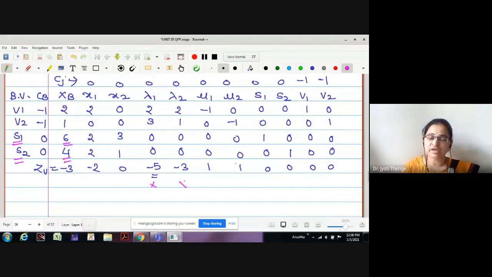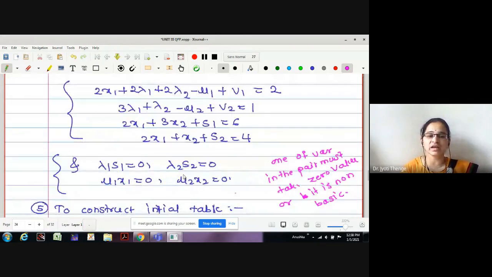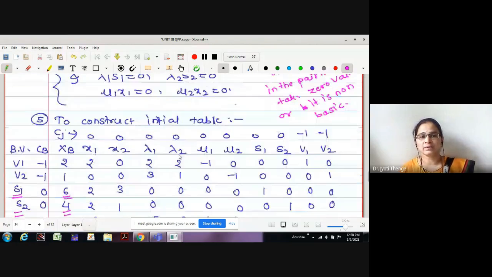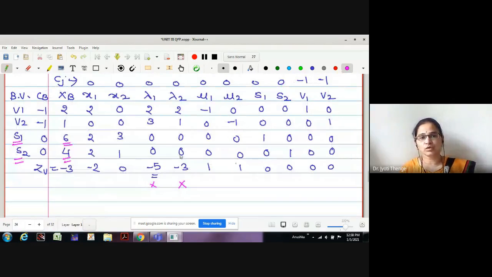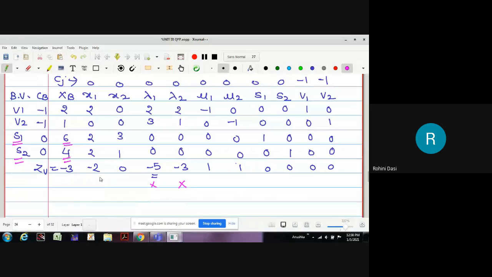Therefore, we cannot enter lambda 2 also. Lambda 1 S1 equals 0, lambda 2 S2 equals 0 are the two conditions we have taken care of. Now what is the next choice, the next negative entry?